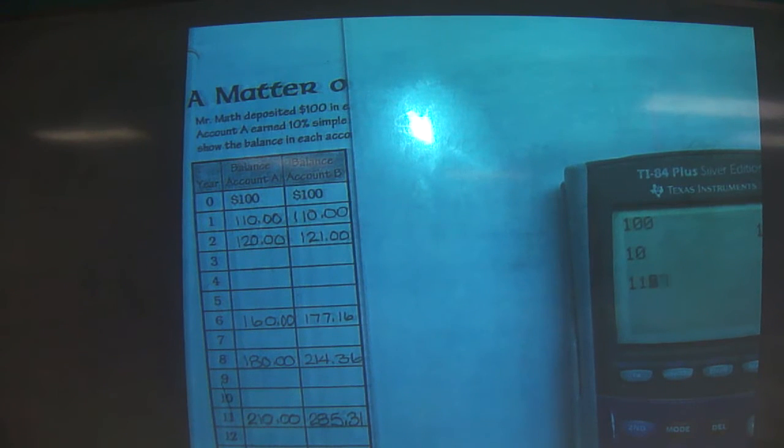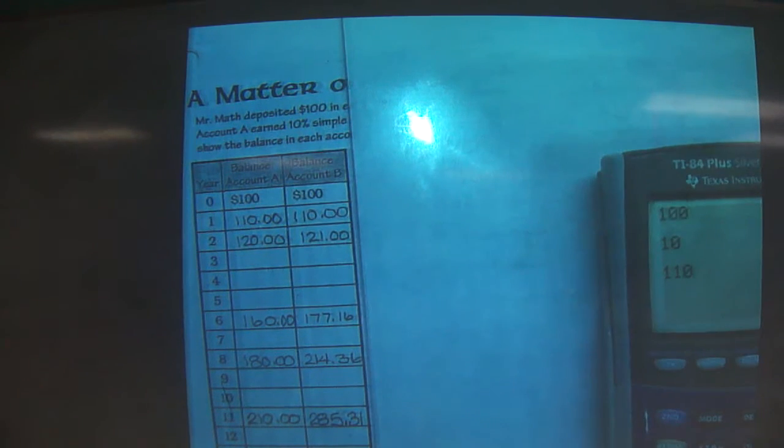So you have 110 at the end of the first. So 110 times 10% is 11. Put it back, add it to the 110 you had. Now you have 121. What do you do with the $121? Spend it. We have to leave it for 20 years.